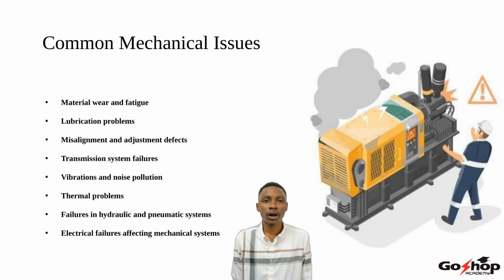Mechanical equipment commonly experiences various failures, such as wear and material fatigue, leading to progressive deterioration of parts, lubrication problems, causing excessive friction and accelerating component wear, misalignment and incorrect adjustments, affecting machine operation, transmission failures, such as damaged belts or gears, vibrations and excessive noise, indicating imbalances in equipment, thermal issues caused by overheating or poor heat regulation, leading to component damage, hydraulic and pneumatic failures, such as leaks or pressure losses, electrical failures, disrupting the operation of mechanical systems.